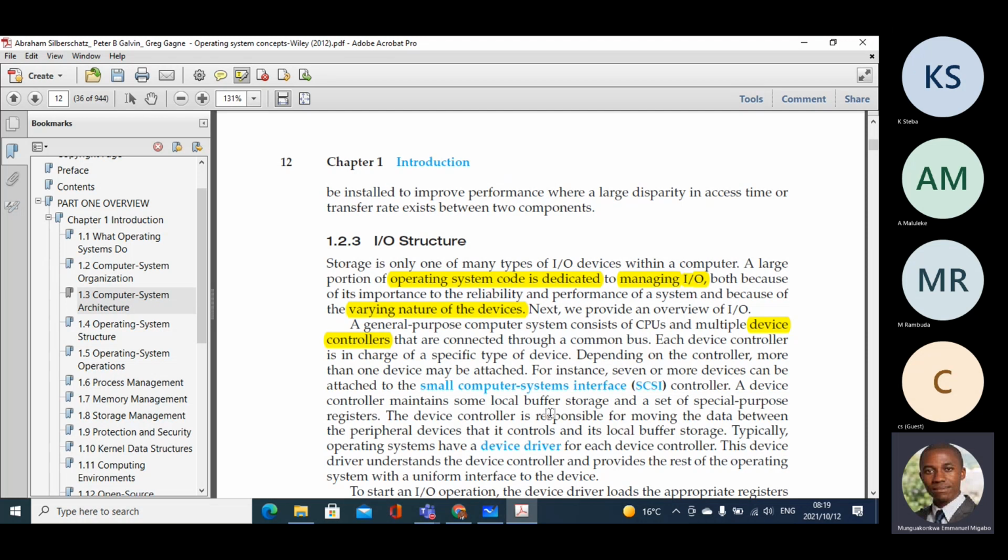Okay, so the buffer storage or registers at the device controller level are critical for those reasons I've mentioned, but it also sometimes has a set of special purpose registers.